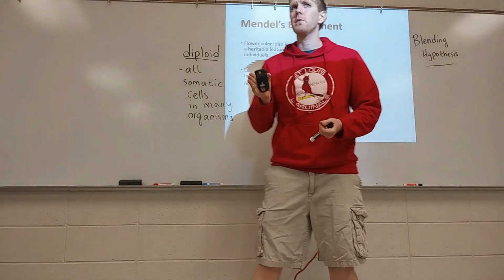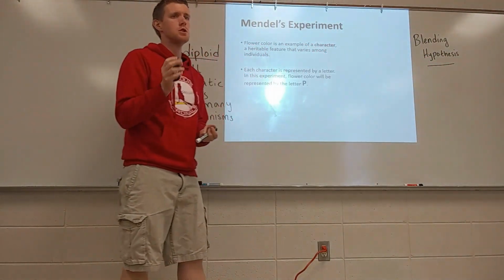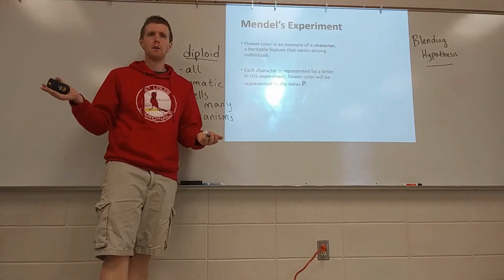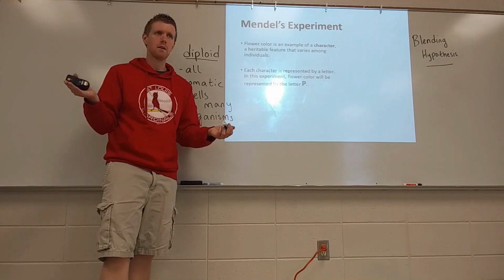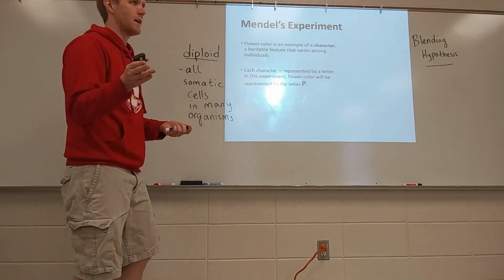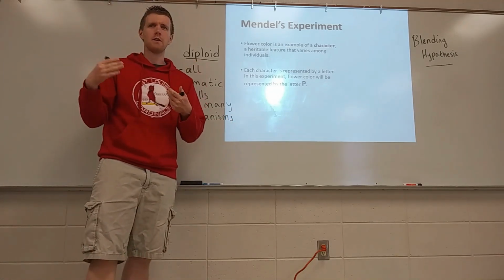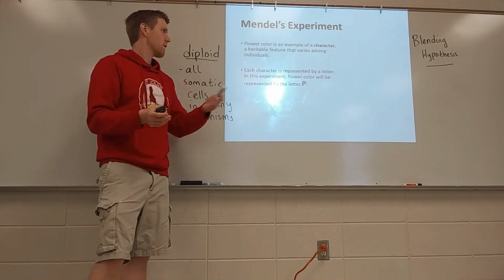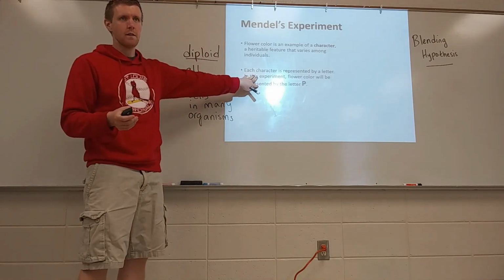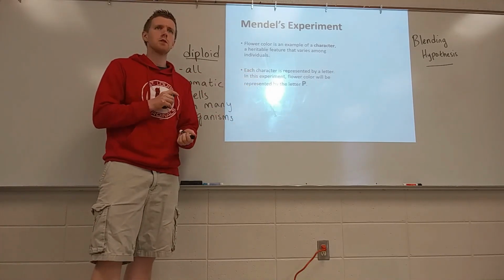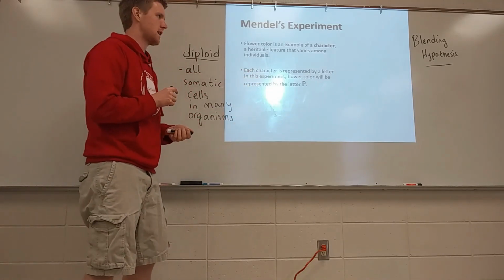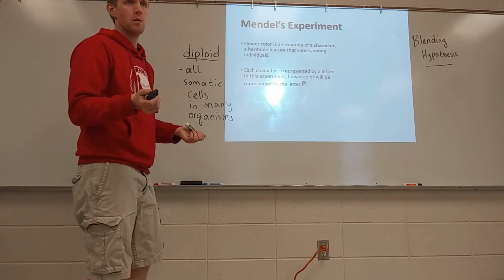There are multiple versions for most genes. Think about hair color. There are several different colors, naturally occurring colors of hair. Several versions of that gene, and in this case, hair color, it's a lot of different genes. But for our pea plant flowers, there's only two versions in this case, purple and white.